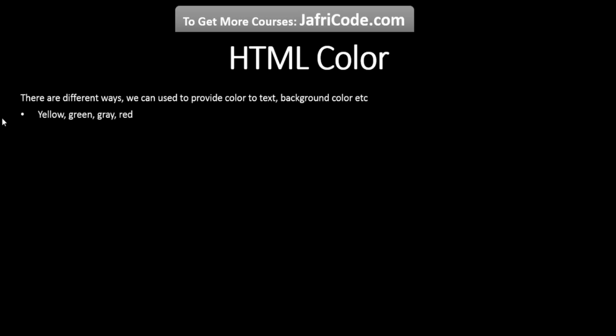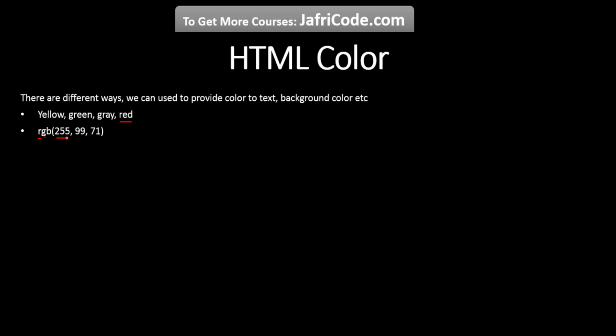This is one method: you can provide a color as a name, using the name of the color. Another method is that you can use the RGB method. RGB means red, green and blue. Using their combinations you can set a new color.